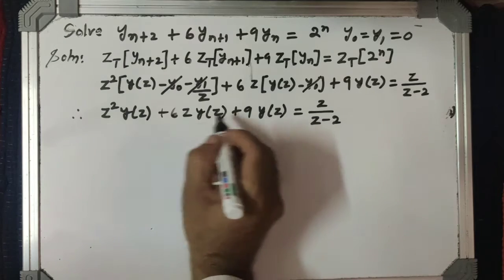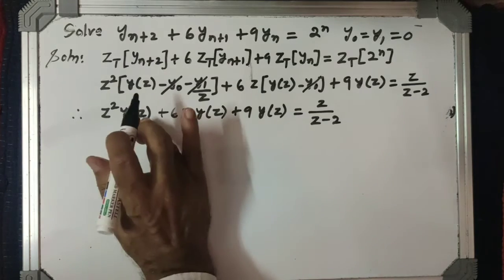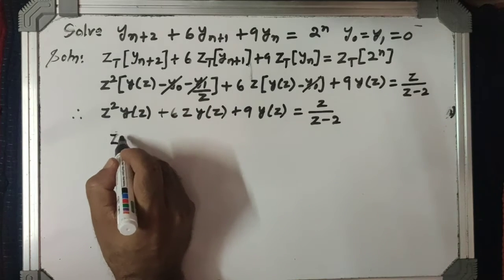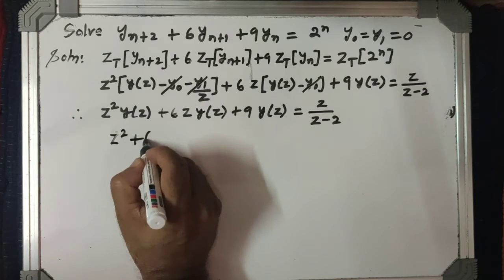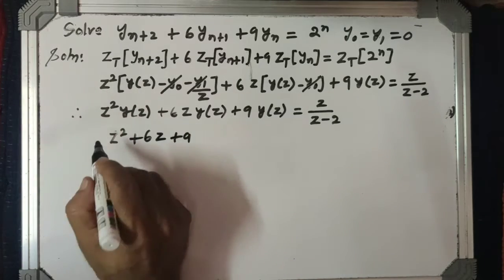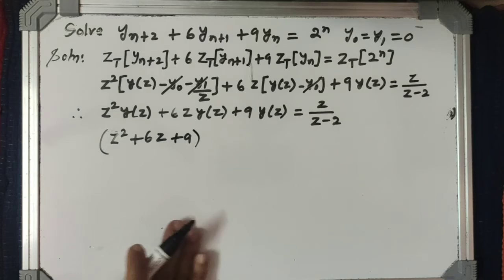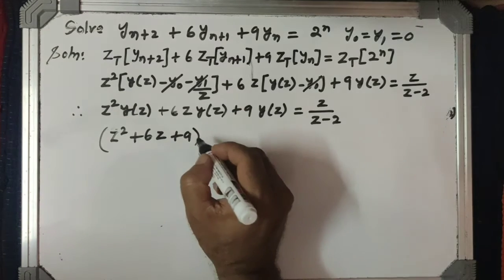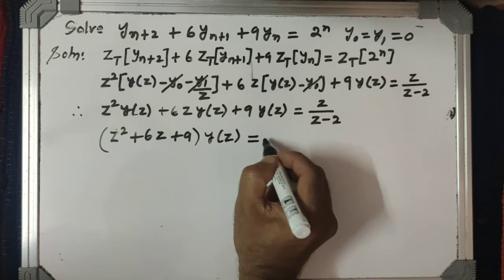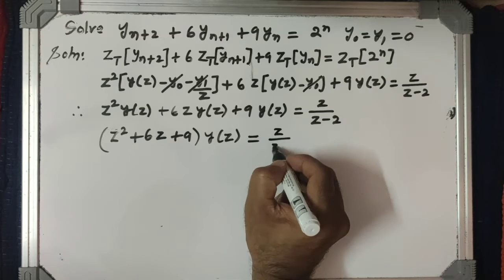So the left hand side, if you take Y(Z) common, Z squared remains here plus 6Z plus 9, and the common factor is Y(Z), which is equal to Z by Z minus 2.